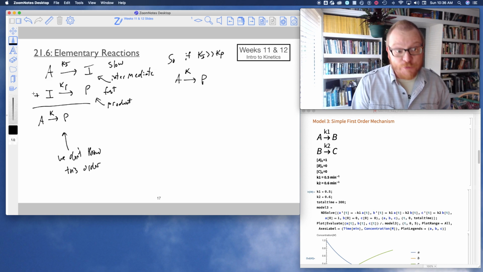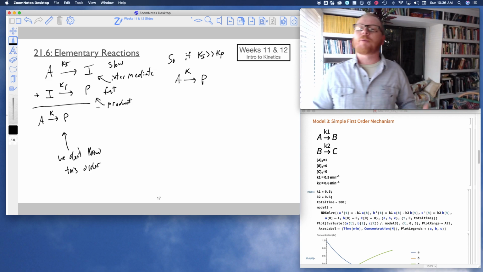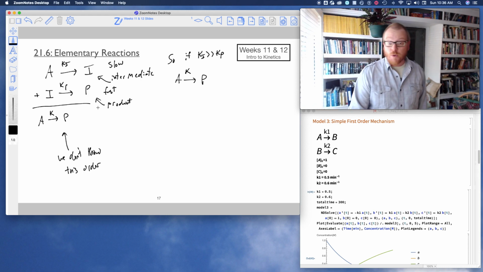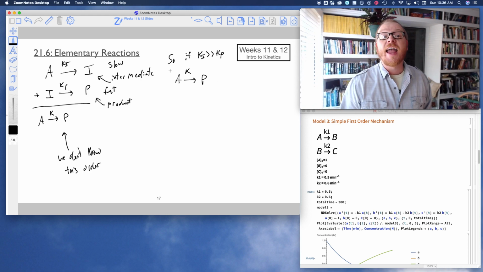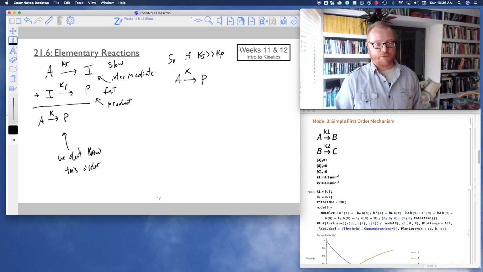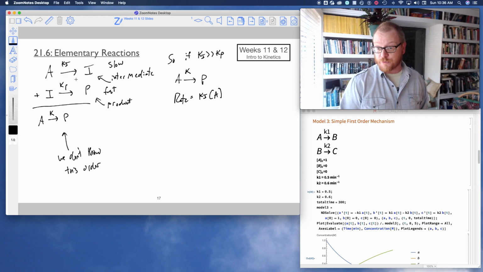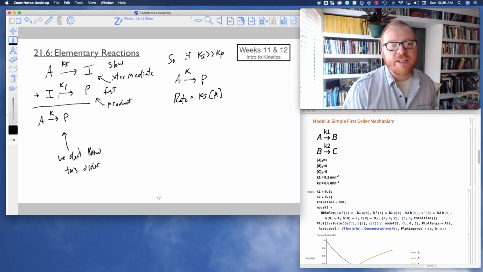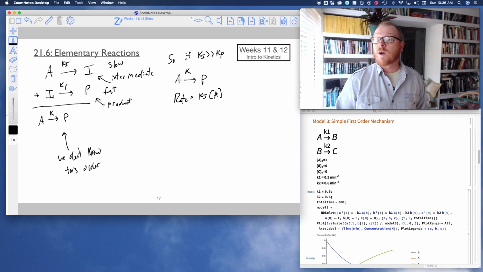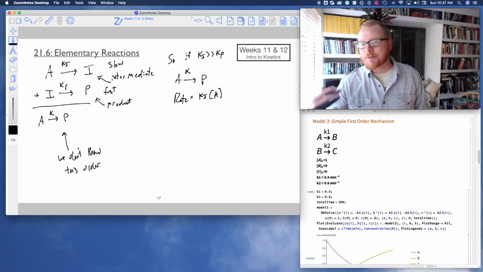If this intermediate very quickly decayed, we wouldn't even be able to detect it. So it would just look like we have a first order reaction. And the reason why it would look like we just have a first order reaction is because the rate of that very first step is Ki times A, and we know that this was a first order step, okay? If, let's say, for example, this second step was a second order or a third order or whatever, it doesn't matter.